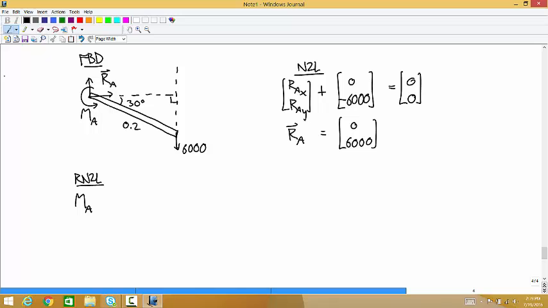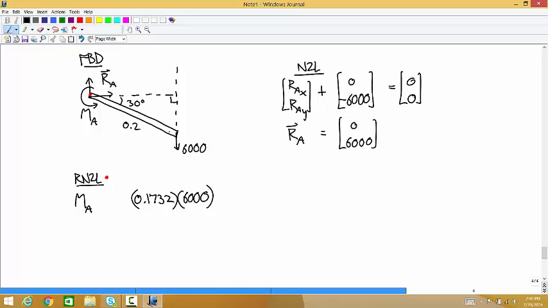So the moment arm is 0.2 times the cosine of 30, which is 0.1732, times the force of 6,000, and I'm calculating these moments around the left end point.